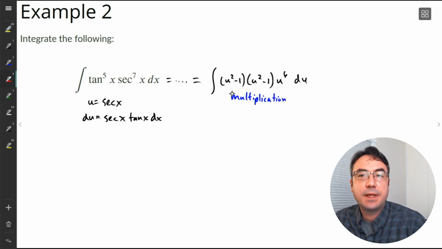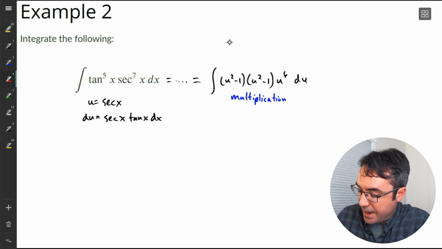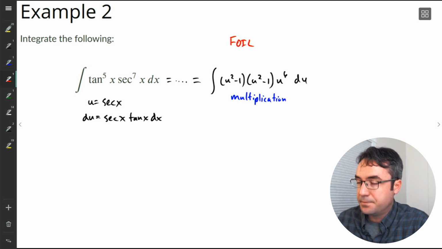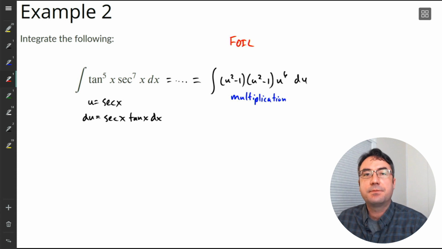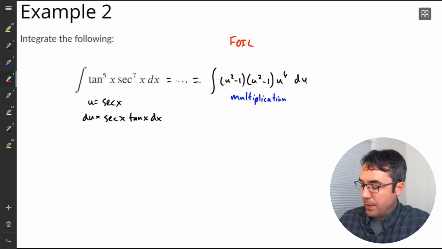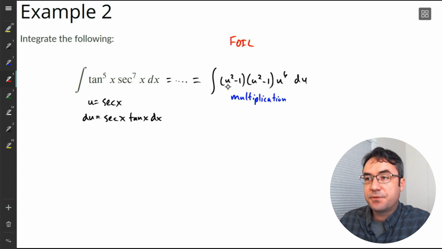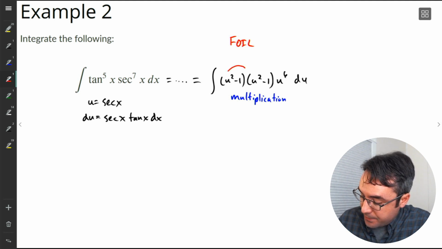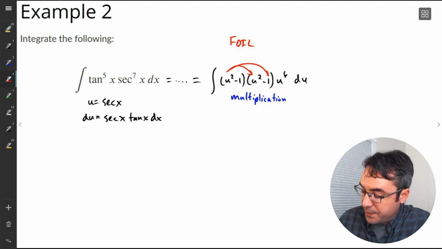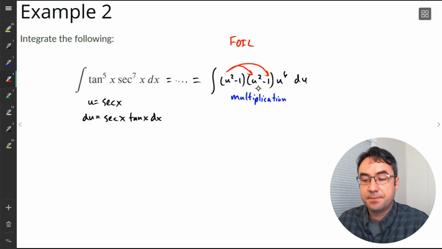So how are we going to multiply it? Let's start with the u squared minus 1 times u squared minus 1. Let's multiply that out. You might remember it as FOIL, or however you remember it. The way I think of it is I start with this first u squared, and I distribute it to both pieces in this second term.